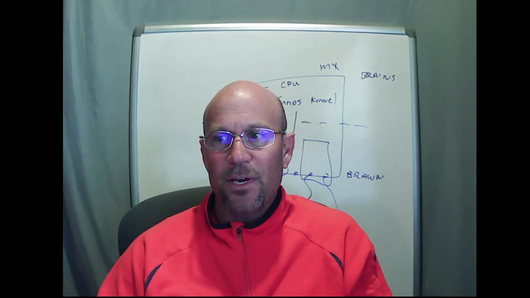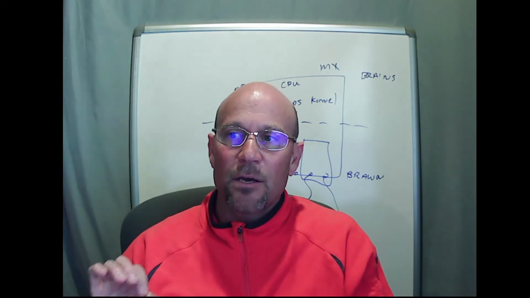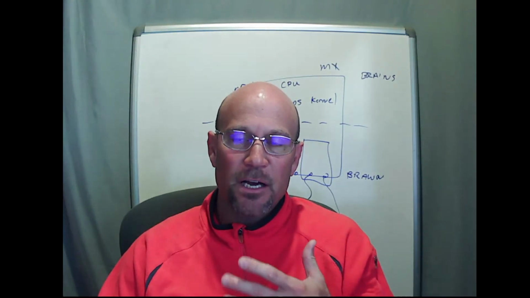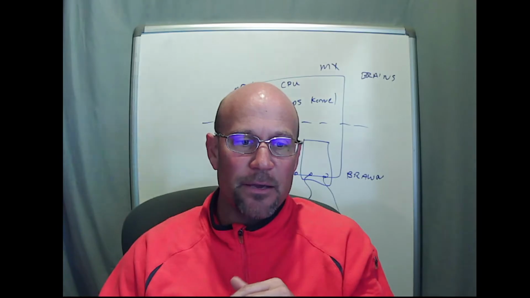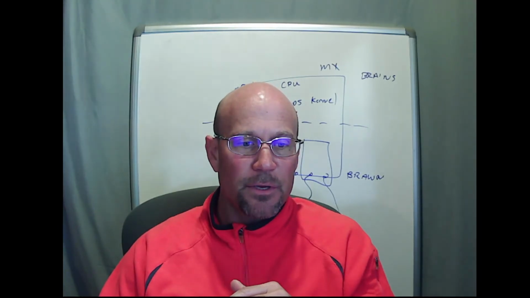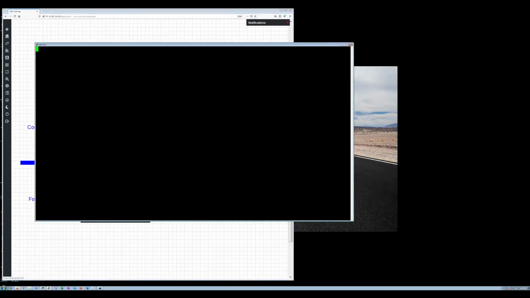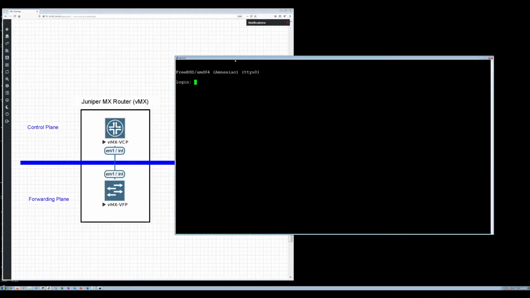When you interact from the command line using a console in EVE-NG, you will click on the control plane icon here. You click on this, and you are interacting with the router at the control plane.